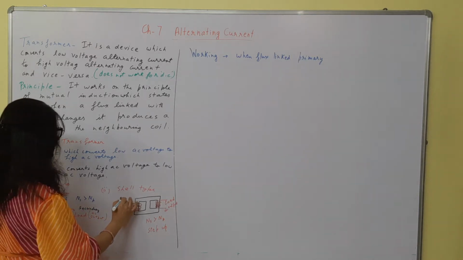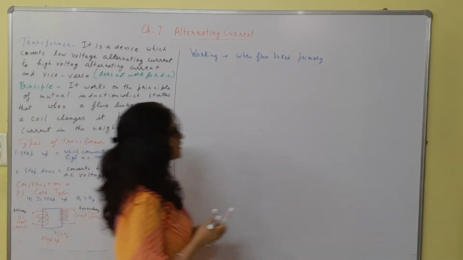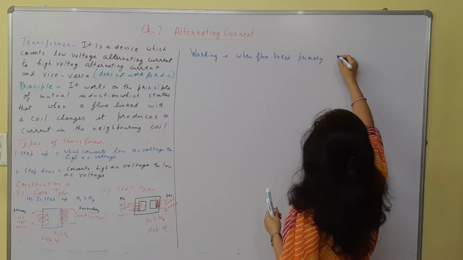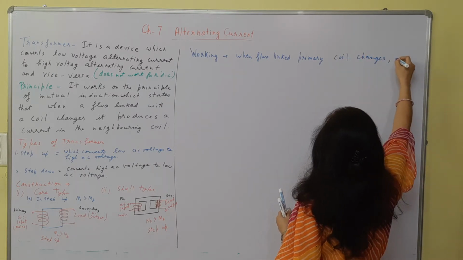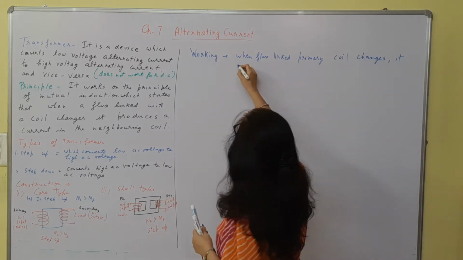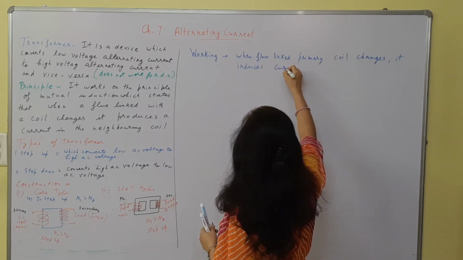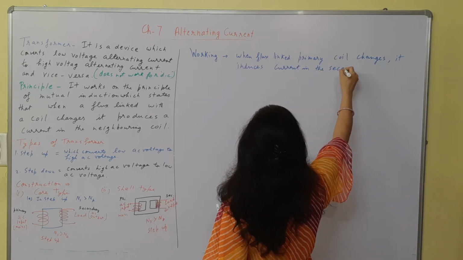Similarly here, this is primary and this is secondary. So when the flux linked with the primary coil changes, it induces current in the secondary.